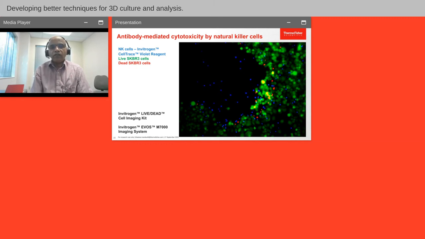And then we measure dead cells using a live/dead kit, and the green staining is calcein, which signifies the live cells, and the red dead cells are stained with the ethidium homodimer stain that comes with the live/dead cell imaging kit. As you can see, the dead cells are marked with the red staining in these spheroids. This is again an earlier time point in the treatment with NK cells, so you don't see many dead cells in these spheroids.